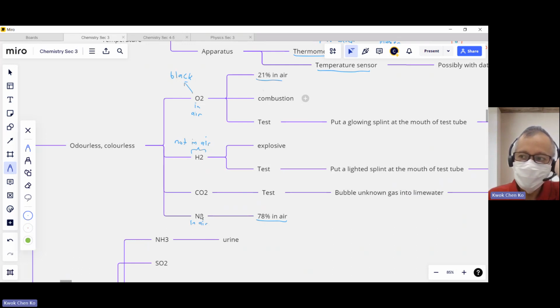Now, N2, what do you think the color is? N2 is inert. Perhaps you want to write down, even though this may not be asked all the time, it's an inert gas. It doesn't really react that much with other substances. So that is good news and bad news. The good news is it is generally safe.